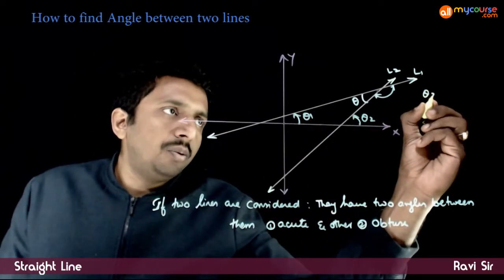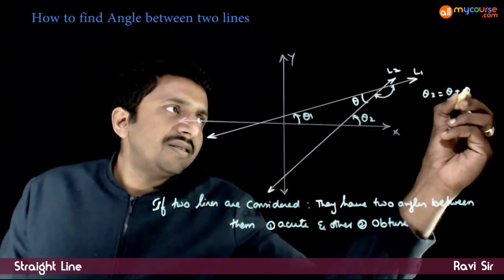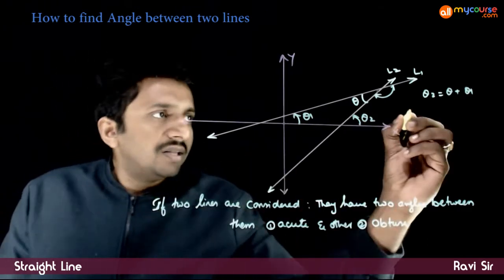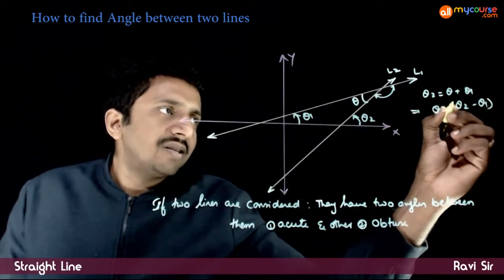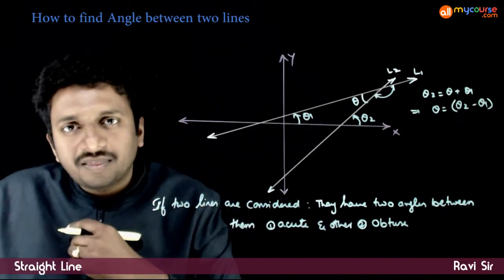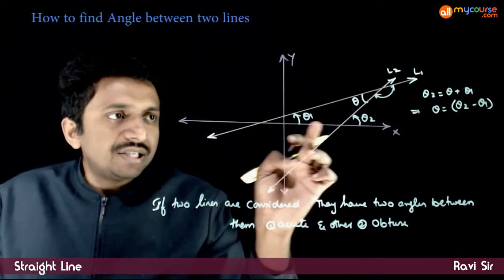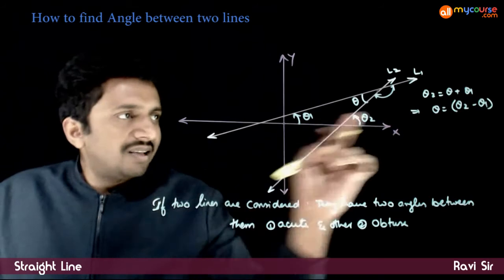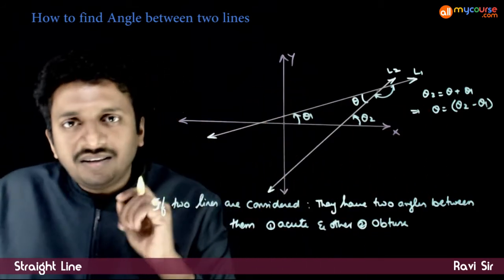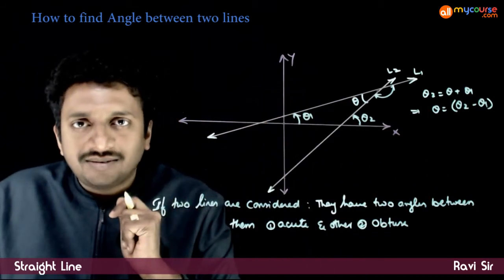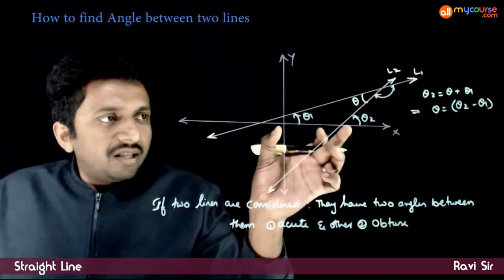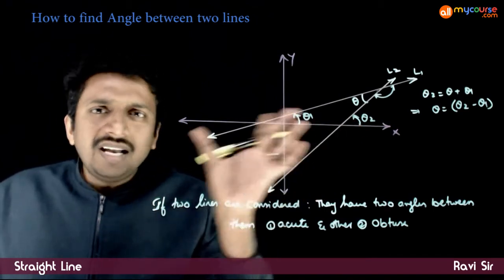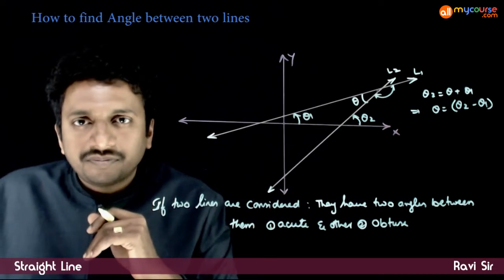So theta 2 is equal to theta plus theta 1. This implies theta is equal to theta 2 minus theta 1. That means if I know the inclinations of these two straight lines, I can very easily find the angle between them. But mostly, in many questions, inclinations will not be given to you.